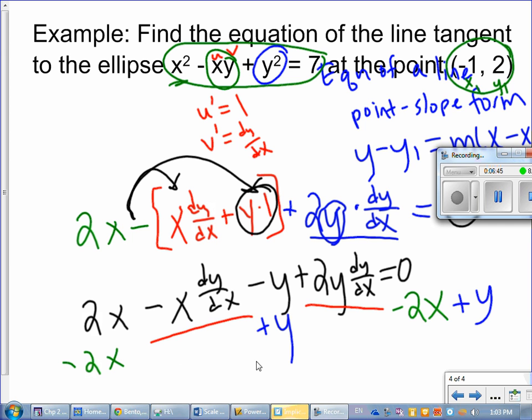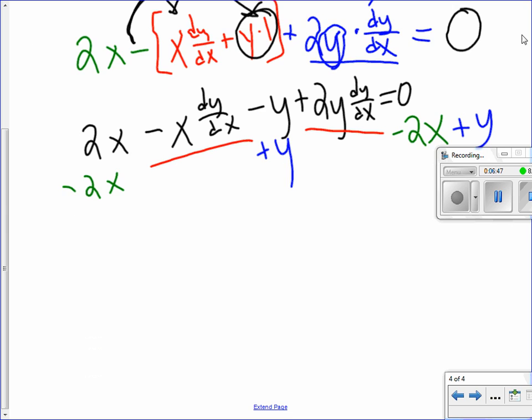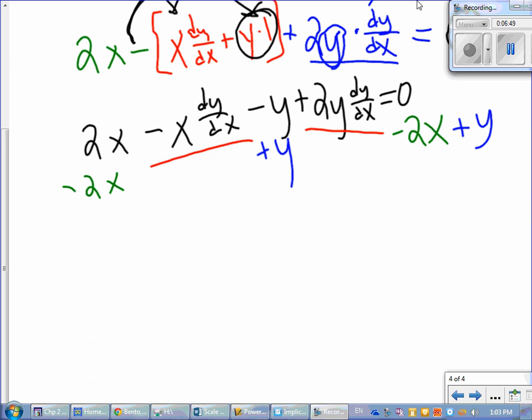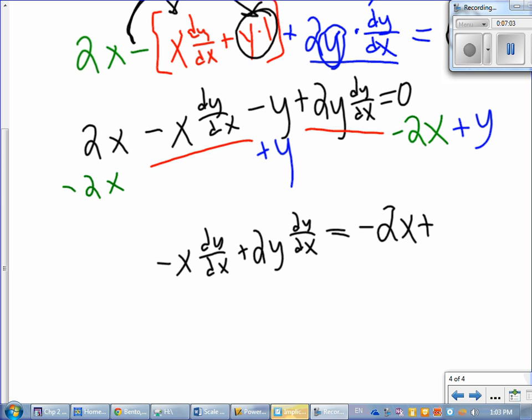So that will leave me with negative x dy/dx plus 2y dy/dx on the right side. And the left side will be negative 2x plus y. All right, so that was the second step, to collect your dy/dx.